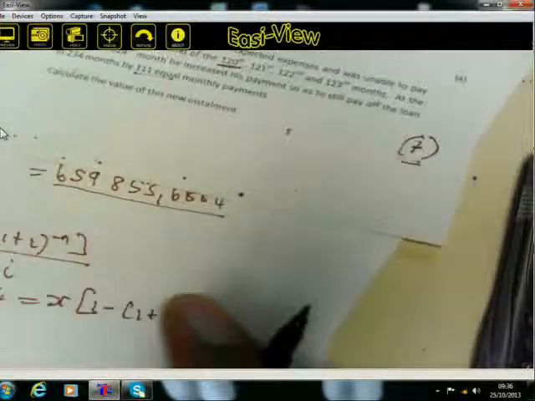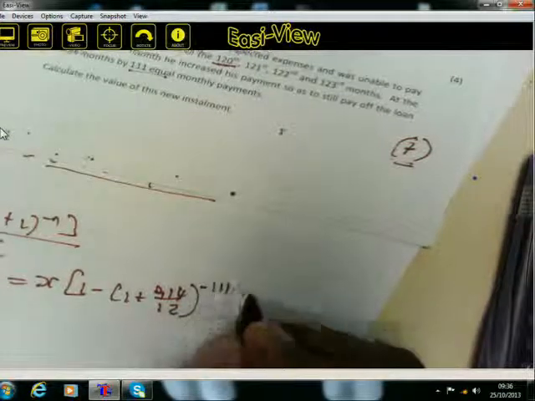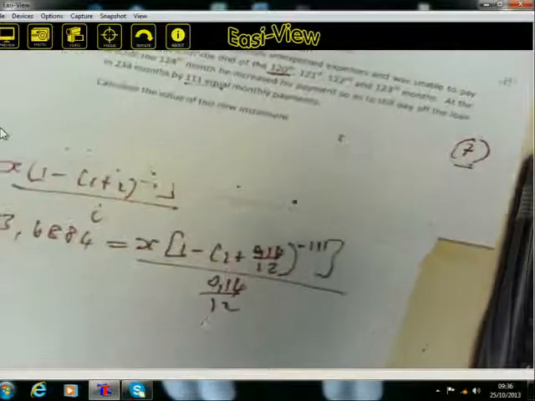Then our n will be minus 111, that's correct. And then we divide it by 0.14 over 12.